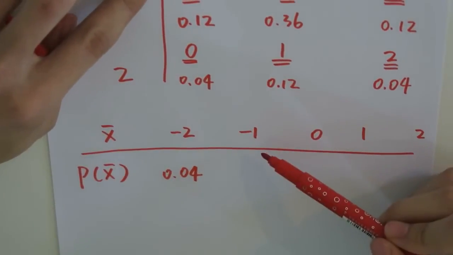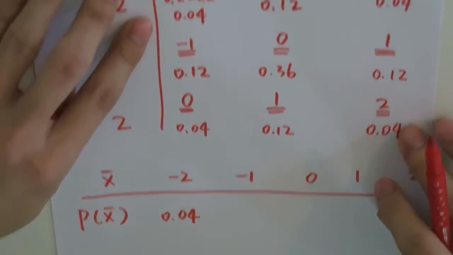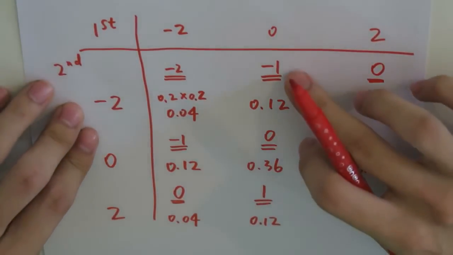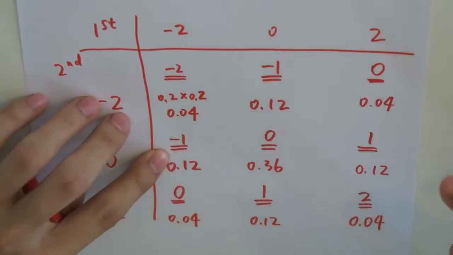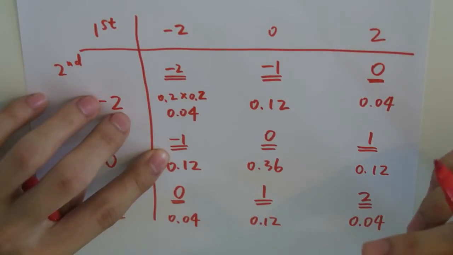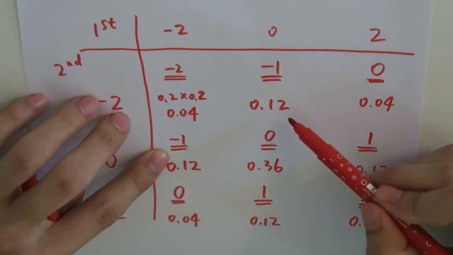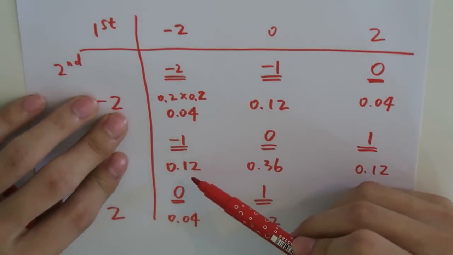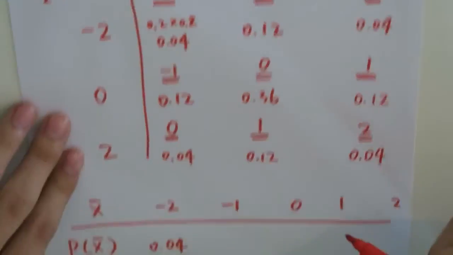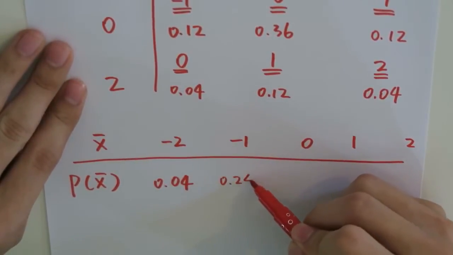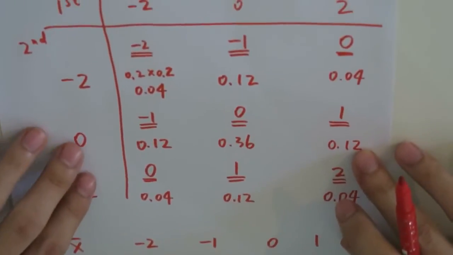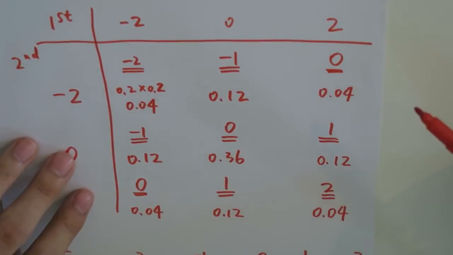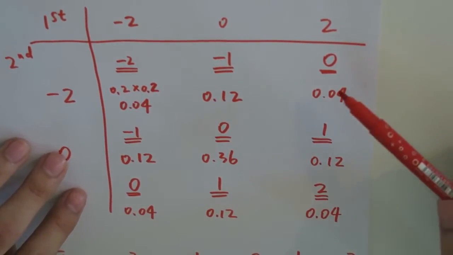Okay, the second value, -1. So we go back to our table. We have -1 over here and -1 over here. Then the probability will be this value plus this value. Right, that means we have 0.24. For 0, we have three zeros over here.